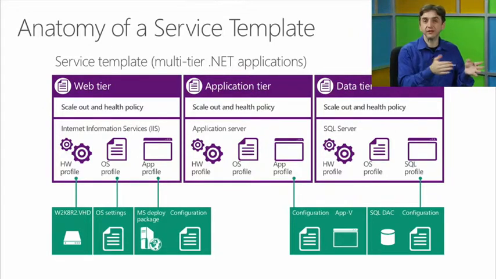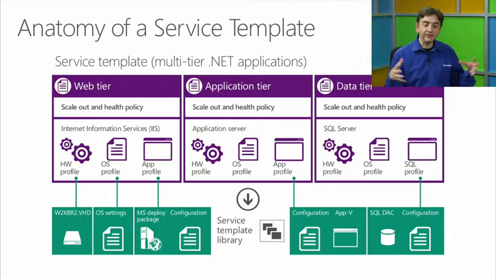Let's start with 3, and then you can scale out as need be. Or I may want to say that this is only a single tier VM with 1 virtual machine, and that's all it is. So I can specify those different policies on a per tier basis. And all that information is stored in a service template, and that service template is stored inside the VMM library.